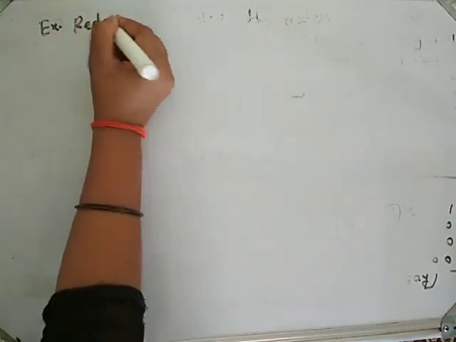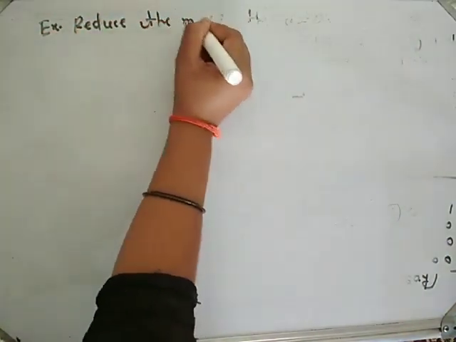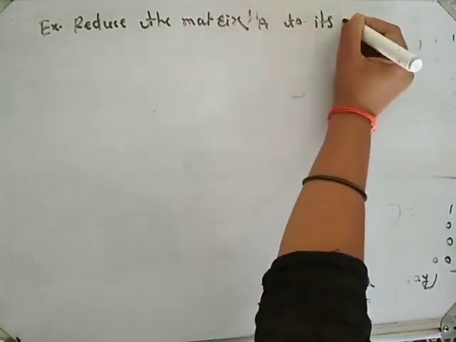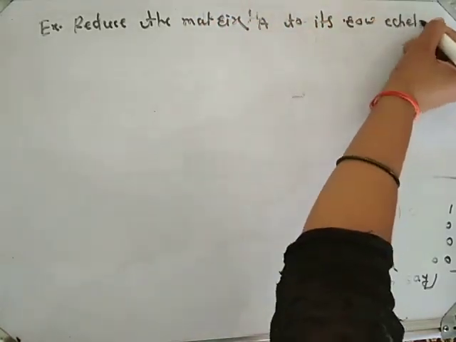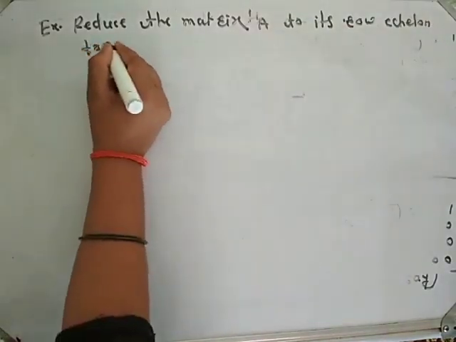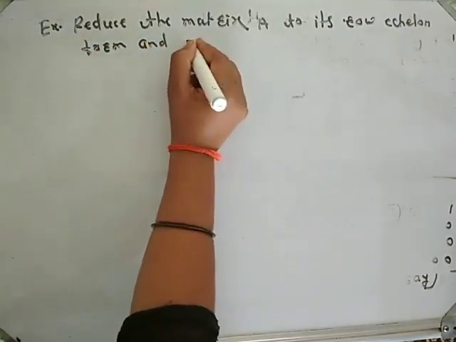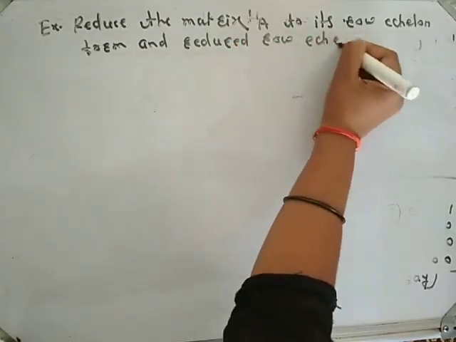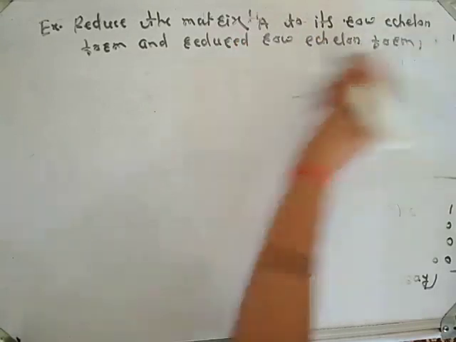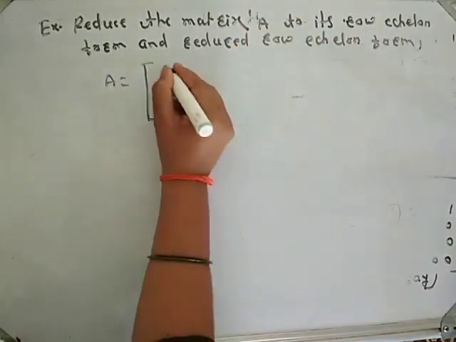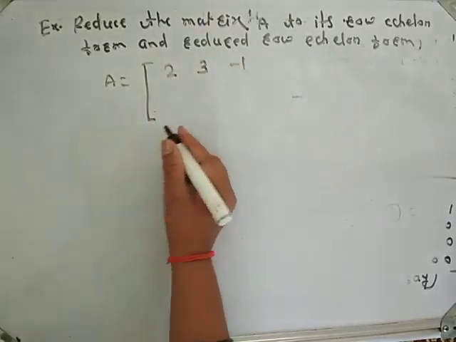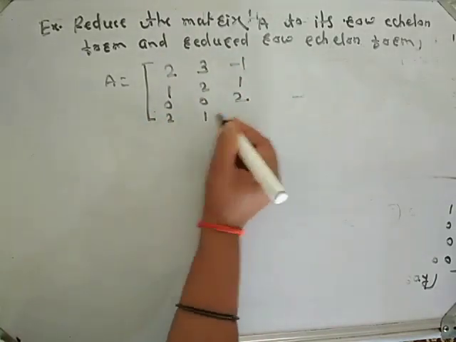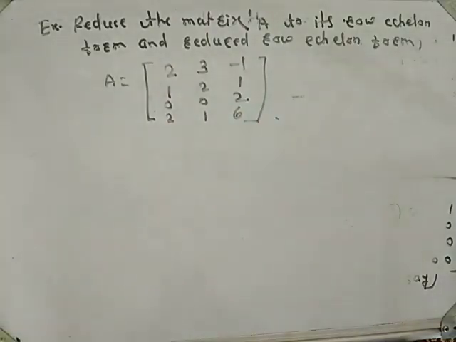Example: reduce the matrix A to its row echelon form and reduced row echelon form, where A is equal to 2, 3, minus 1, 1, 2, 1, 0, 0, 2, 2, 1, 6. Okay, we will stop here.